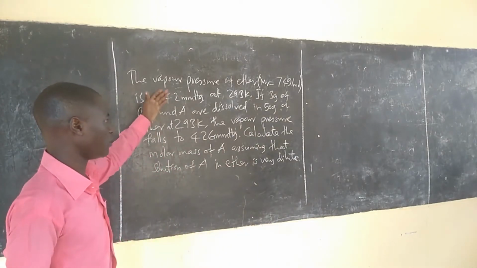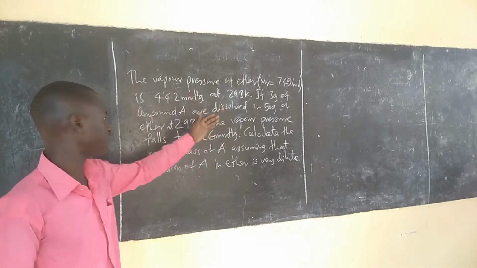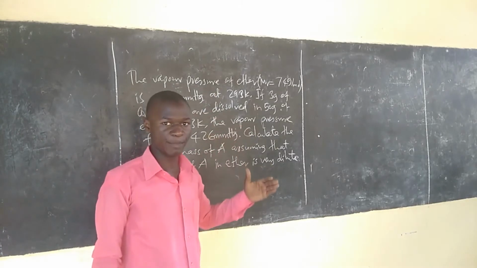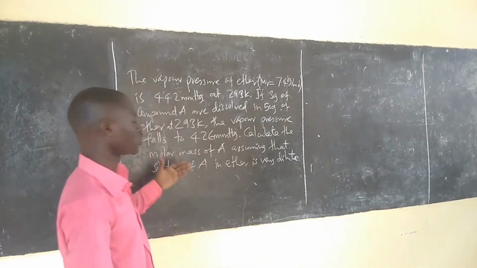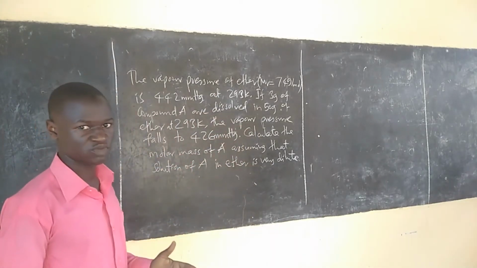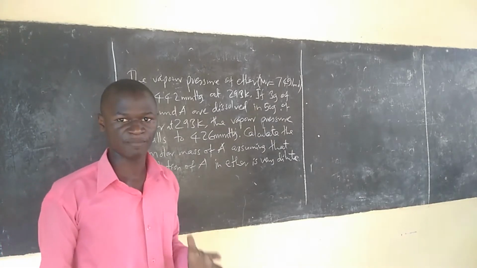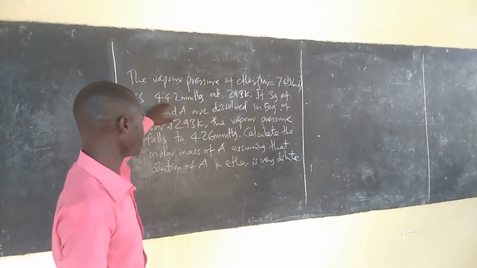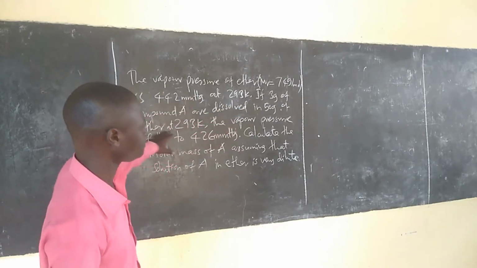The vapor pressure of ether with molar mass of 74 is 442. Once you see you have been given vapor pressure, it means this is the solvent, since we discuss lowering of vapor pressure of a solvent. So the vapor pressure was 442, with the molar mass as given.